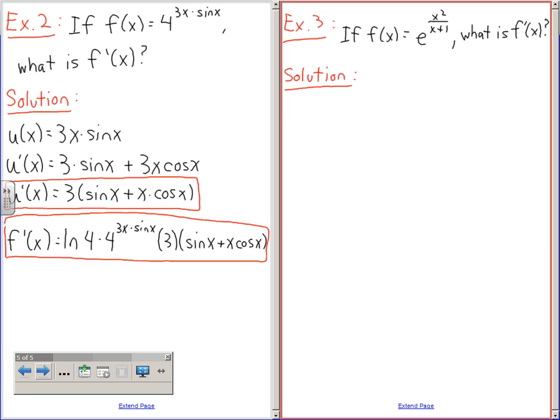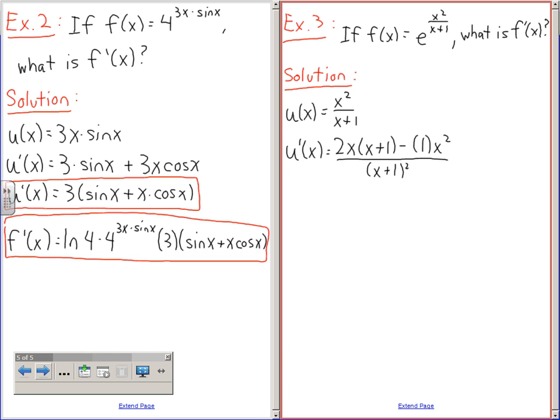Okay, Megan Little. Here I'm going to set u of x equal to x squared over x plus 1. Megan, can you try and give me u prime of x? Okay, it's going to be the derivative of the top, which is 2x, good, times x plus 1, minus 1 times x squared, all over x plus 1 squared.